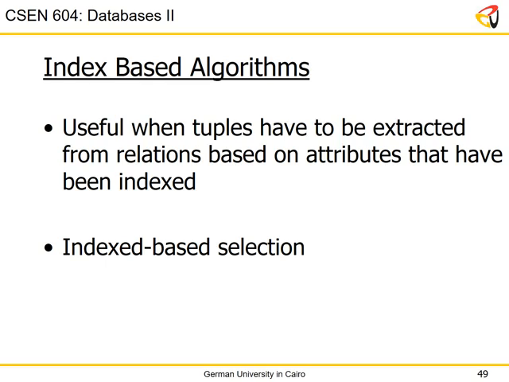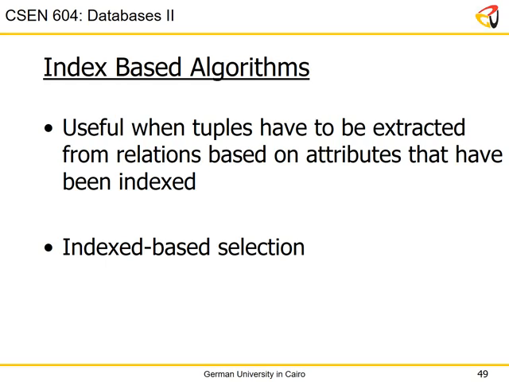So even though hash-based relation access algorithms are a type of index-based algorithms, they are usually dealt with separately and classified separately because of the good performance of hash-based techniques. You're talking about an O of 1 operation. But it doesn't have to be hash-based all the time.